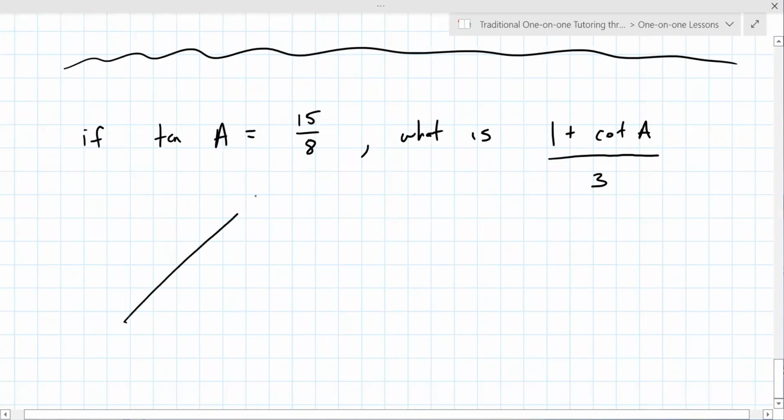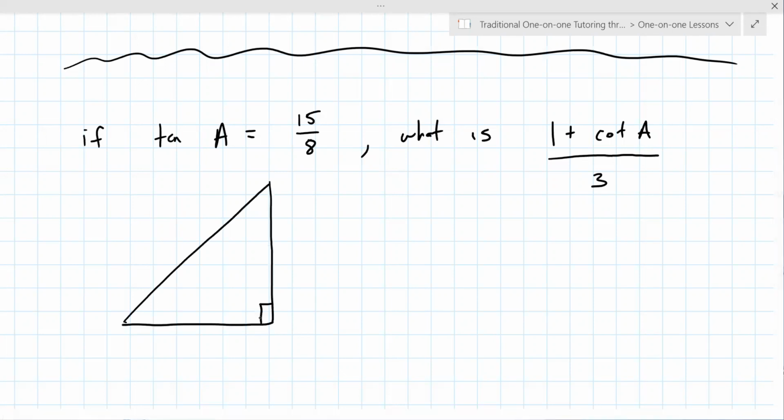So try drawing the triangle. Let me know when you've got that down, and then we'll compare and see if we got the same lengths.